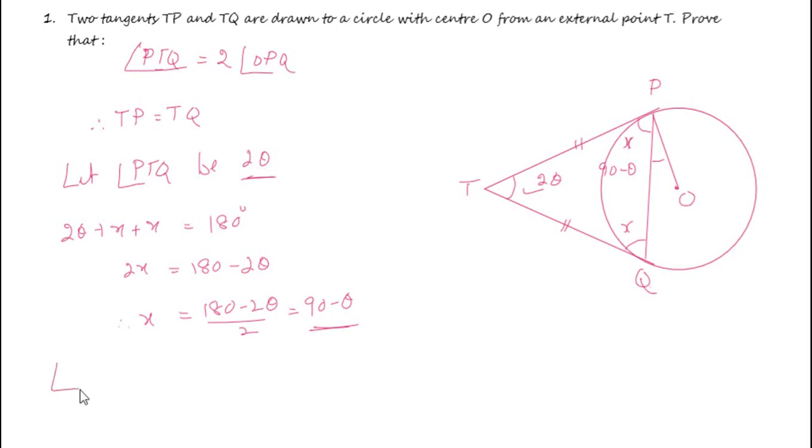Now, angle TPO equal to 90 degrees. TP is the tangent and we are joining the point P to the center, so that is perpendicular. So TPO is 90 degrees. That is equal to angle x plus angle OPQ.